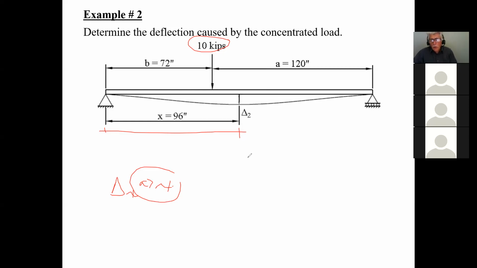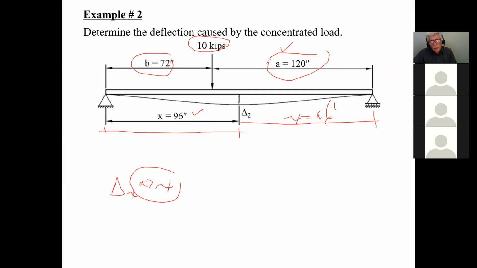Therefore, I simply take the mirror image and make this the A value and make that the B value. By doing that, now my A value is greater than my X value, because this also here is X. Because I switched these around, I can now still use the same formula.